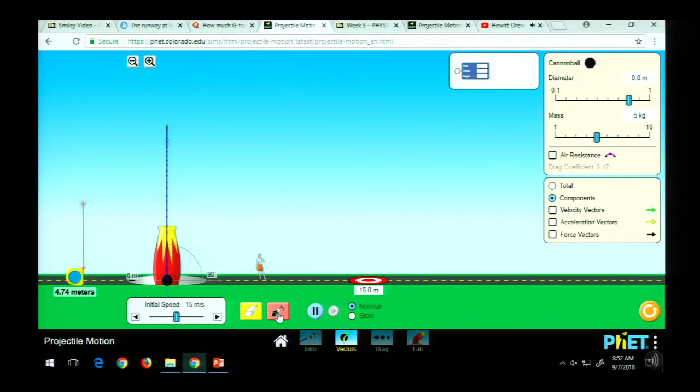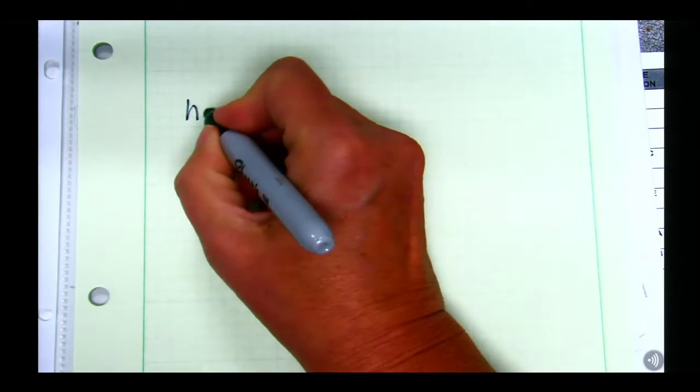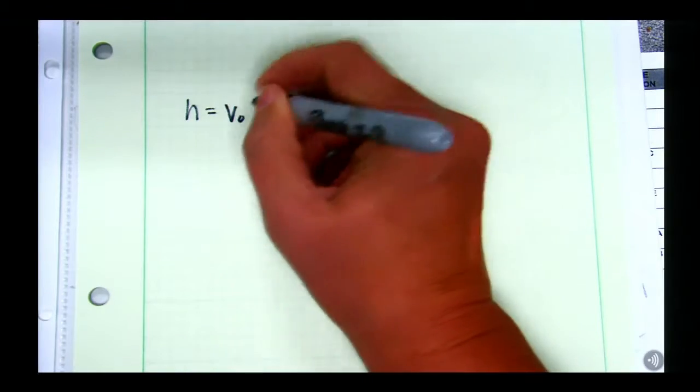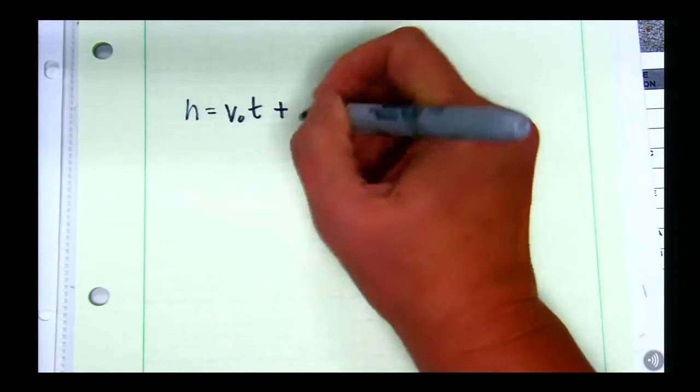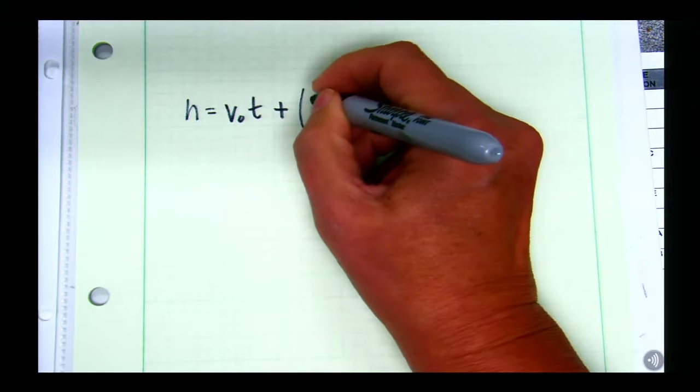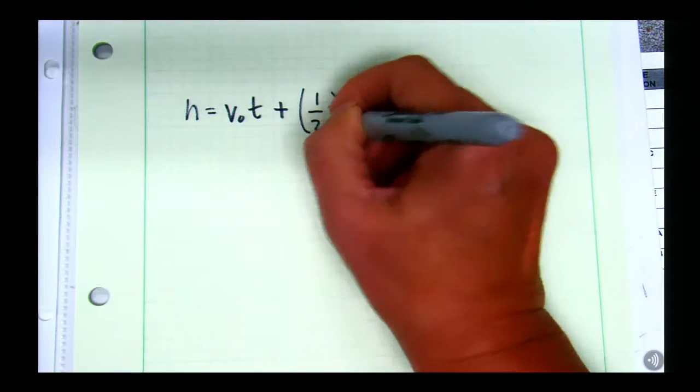Now, this is a case where I'm still in one dimension. I've only dealt with one dimension. So we're going to calculate how high the cannonball went. My height is equal to my initial velocity times time plus 1/2 minus gravity times time squared.